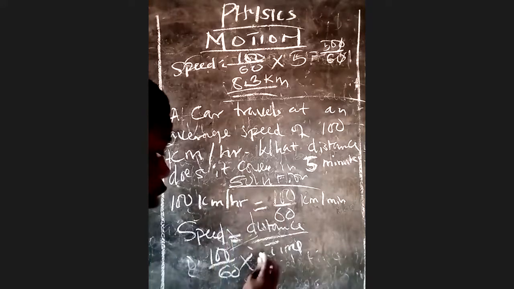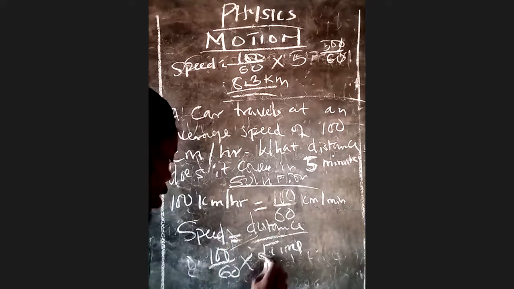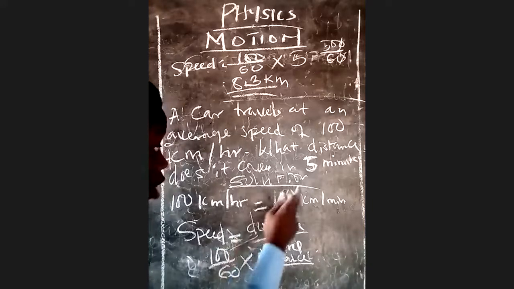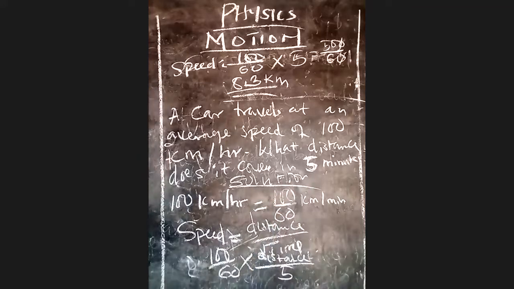Our distance is not given. All over time. What is our time? Given, 5 minutes. Speed is equal to distance all over time. So with this, 100 over 60 is equal to distance all over 5.